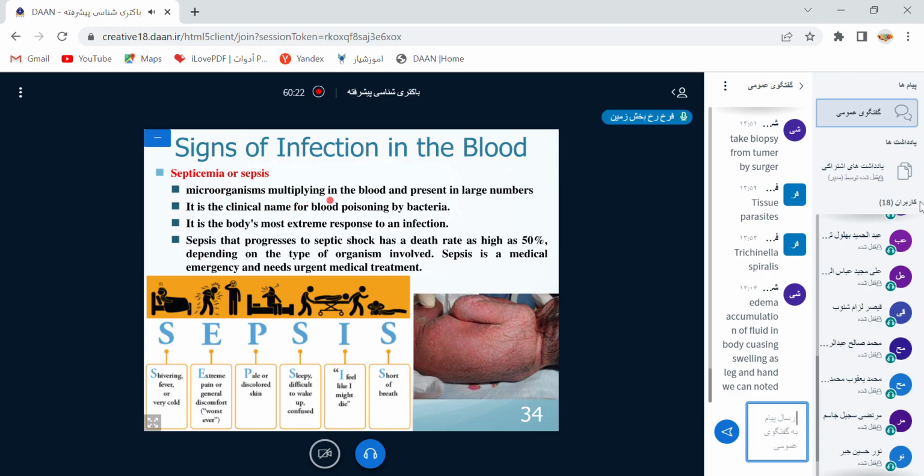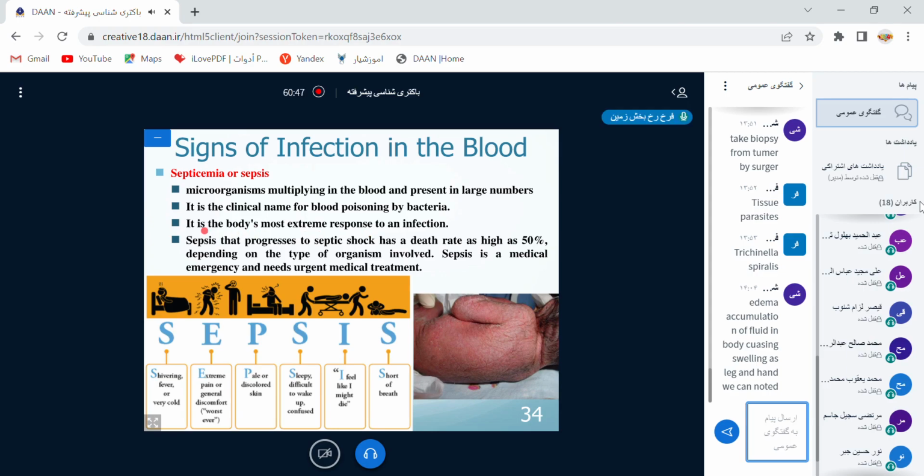Microorganisms multiplying in the blood and present in large numbers. It is the clinical name of blood poisoning by bacteria. It is the body's most extreme response to an infection.